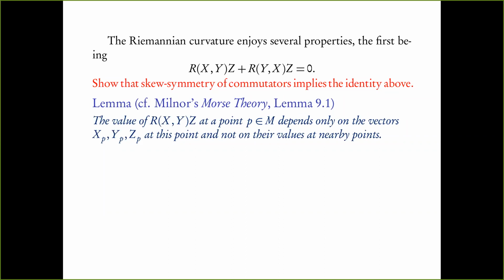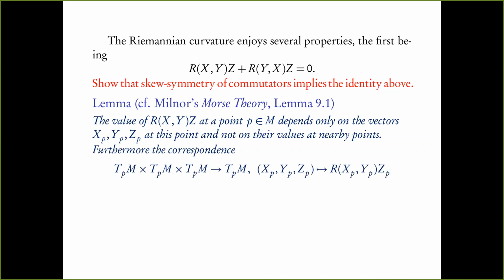That's the first claim. The second claim is that you have a correspondence. You take x at p, y at p, z at p, and send it to R of x at p, y at p acting on z at p. This right-hand side is nothing but taking R of xyz and restricting everything to p. That's all it is.